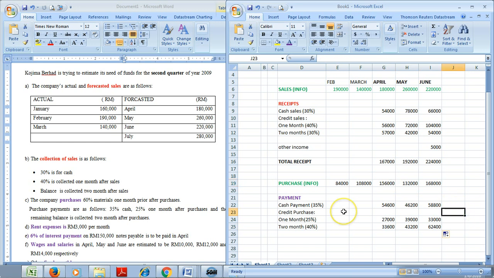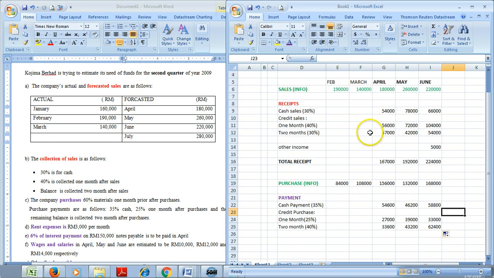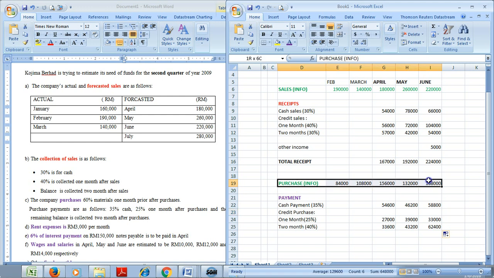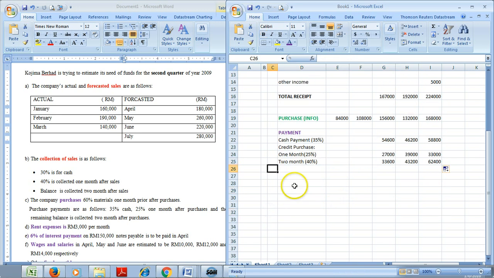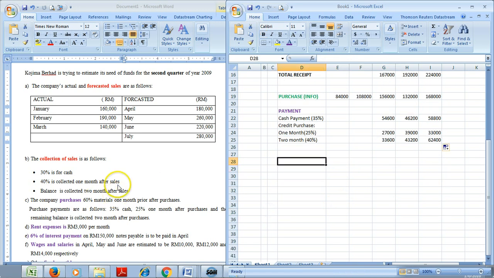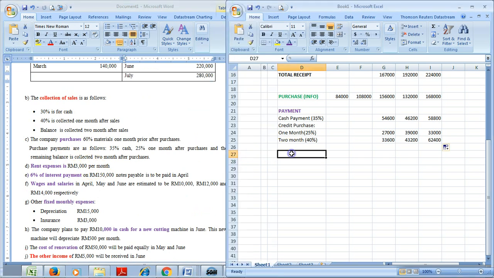Any question? No question. Very good. You understand about purchase, and is it included in the calculation? No, it's just for information to help you on this payment part. Alright, next, done one payment. Next, you got another payment, rent expenses. Yes, you just put rent. It's a bonus mark for you.